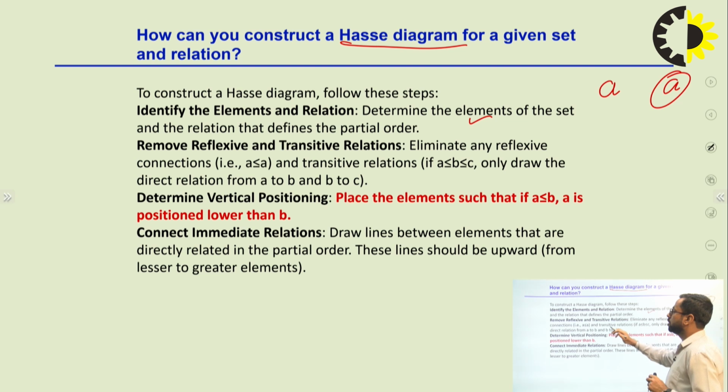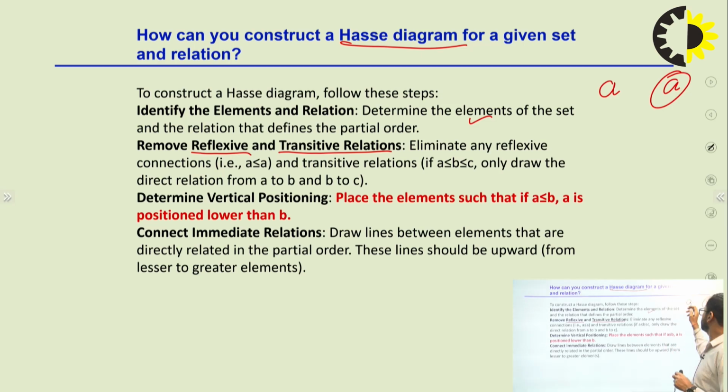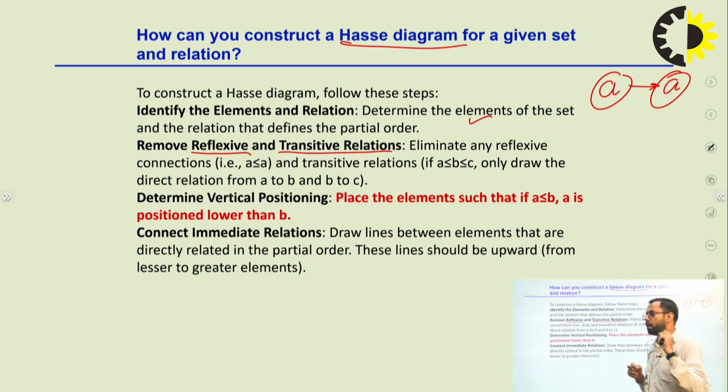Second one is to remove the reflexive and transitive relations. That means if let's suppose there is a connection from A to A, we avoid that one. That means we avoid the self loop property, and we also remove the transitivity.